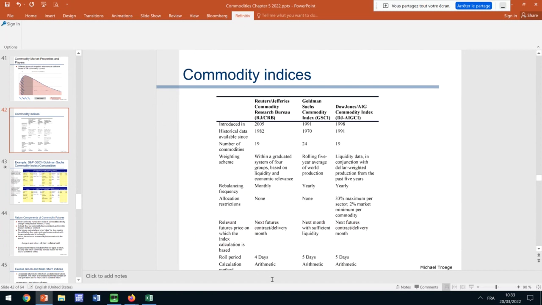Goldman Sachs is, oh no, that's the rebalance. Rebalancing just means the index is readjusted. These indexes are supposed to reflect the importance of these commodities, so if some commodity becomes more important, they will change the weight.